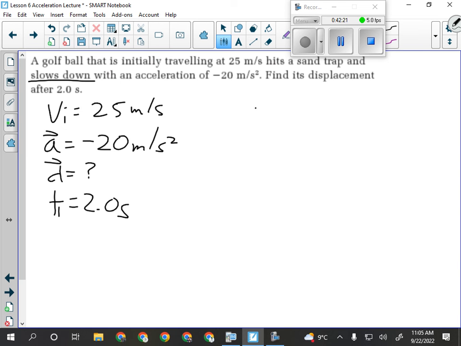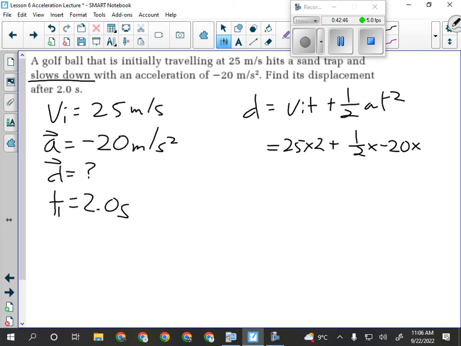d equals vi t plus 1/2 a t squared. That one. Yep, I have time, I have vi, I have a, and I'm looking for d. I don't even have to manipulate it, I can just plug in my numbers. So, vi was 25 times 2 seconds plus 1/2 times negative 20 times 2 squared.